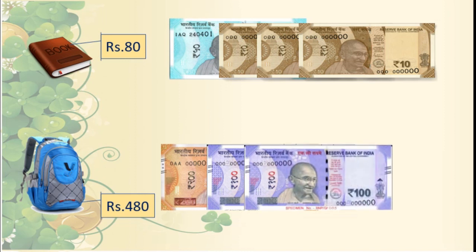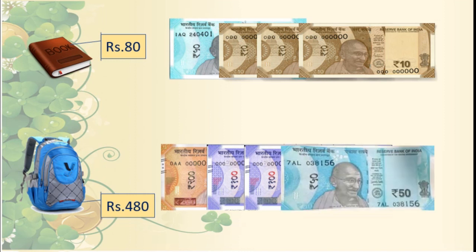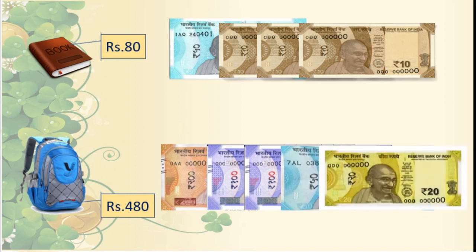One more 100, now 400 it is, now 50, that is 450, 70 means 470, plus 1 10 rupee coin, that became 480, isn't it? Am I right? Okay.